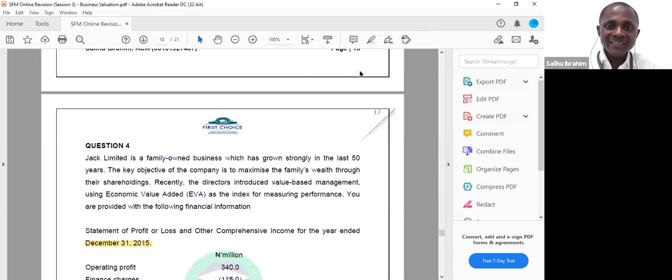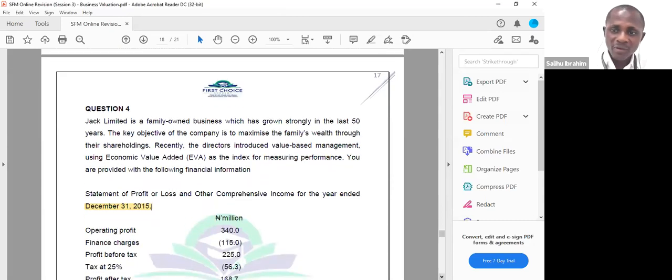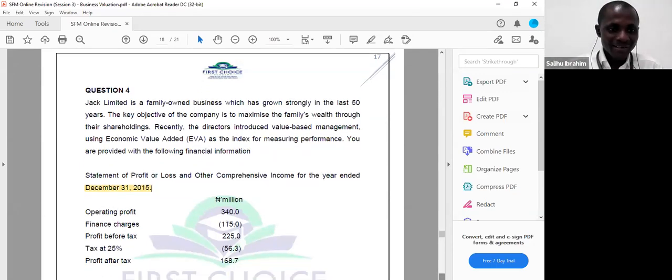So let us continue. The first thing you compute is NOPAT, net operating profit after tax. I told you to compute your NOPAT, you are starting with what? Profit before interest and tax. Did I say that? Look at this question together.